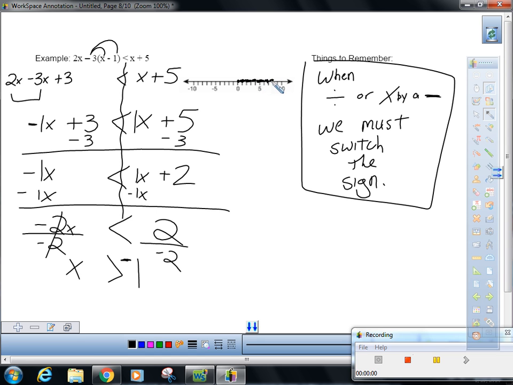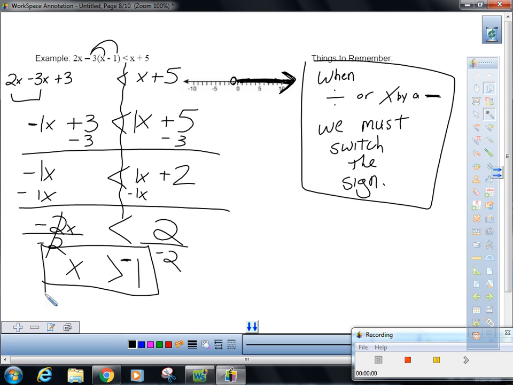In fact, how many numbers are greater than negative 1? Infinite. However, is negative 1 greater than negative 1? It is not. So that's why we put this open circle there, because the point negative 1 does not satisfy this inequality.